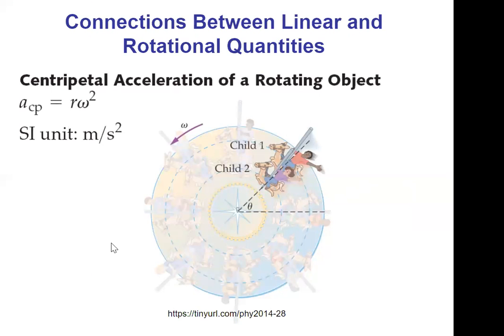And because an object that is rotating has circular motion, there should also be a centripetal acceleration, which we learned earlier is equal to r times omega squared or v squared over r, with SI unit of meters per second squared.